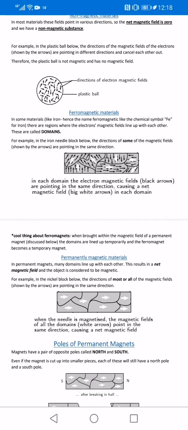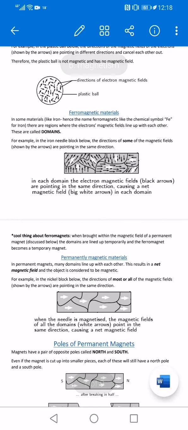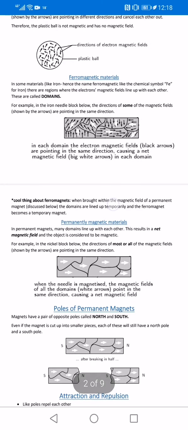Okay, now ferromagnetic materials, the reason it's called ferromagnets is because the main one, the one we see most often, is iron. And we know that the chemical symbol for iron is Fe. So that's why we refer to these as ferromagnets. And in ferromagnets, like we've seen here, you've got separate domains where the magnetic fields are actually lined up. And then here, this is very important.